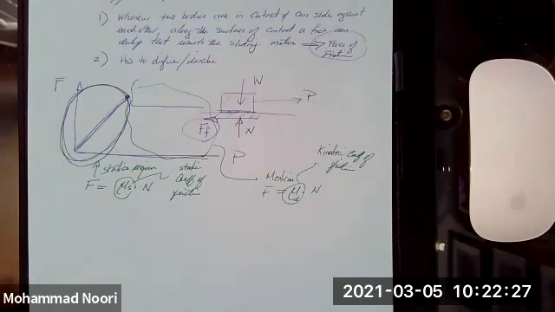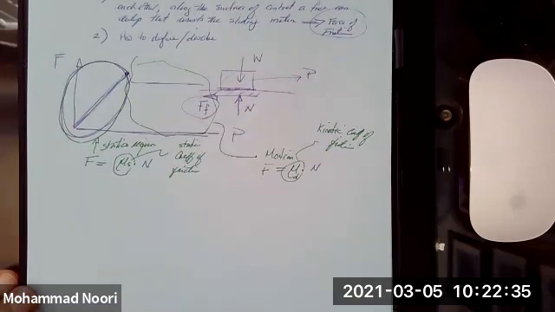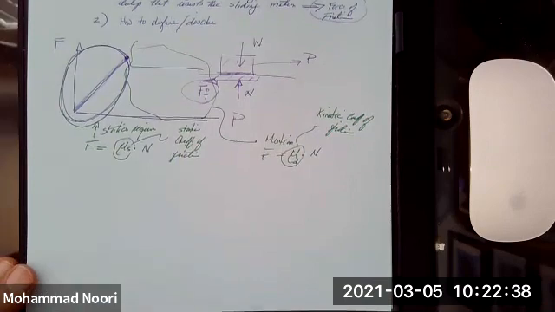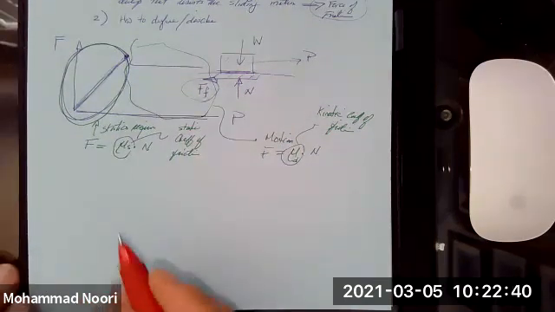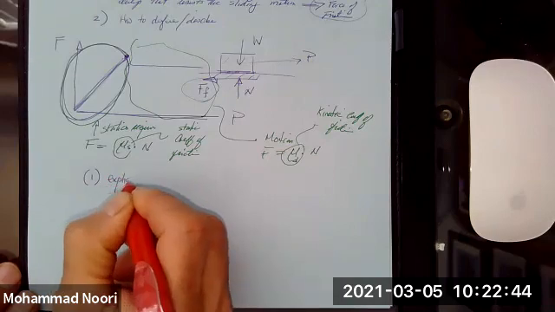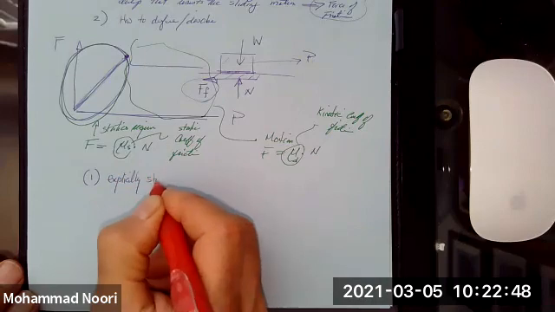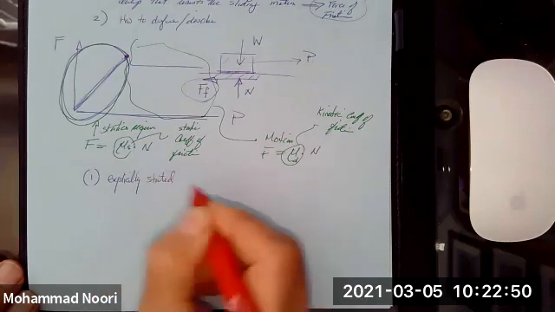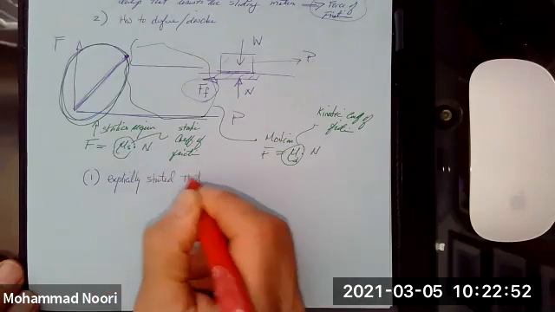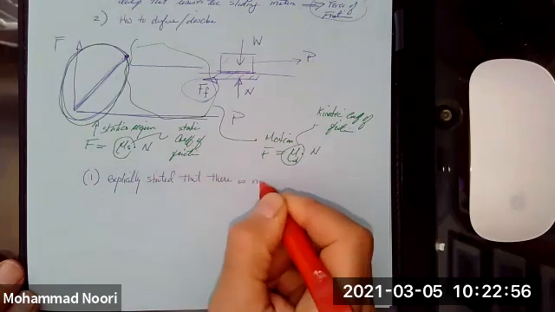So the types of problems, at least in this course, in dealing with friction come down to basically two types. The type of problem you'll encounter are two types. One, explicitly stated in the problem that there is no motion.